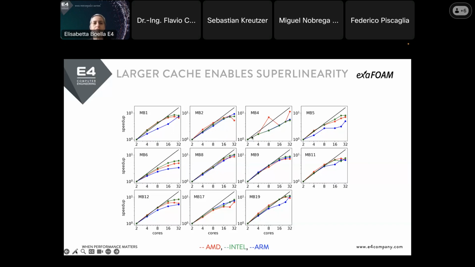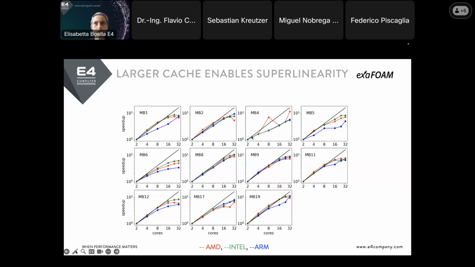So basically, using AMD allows for shorter time to solution, but also to get this superlinear speedup. And both these behaviors are probably connected to the fact that these processors have larger L3 caches, where basically all the problem can fit. And so this allows to solve the problem faster, and also when using more MPI tasks, compensates basically for the overhead due to the communication.